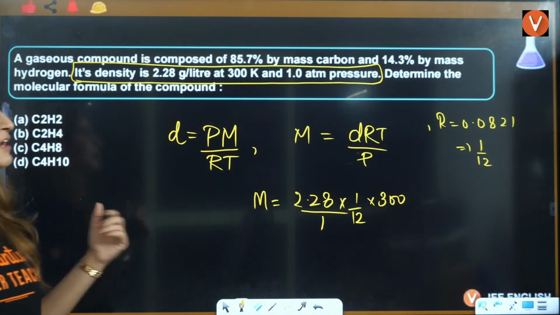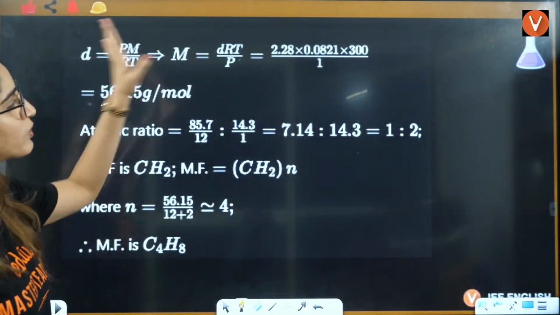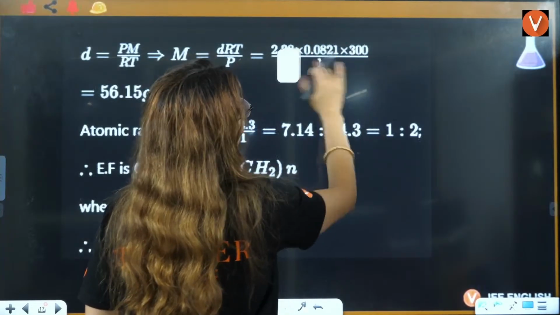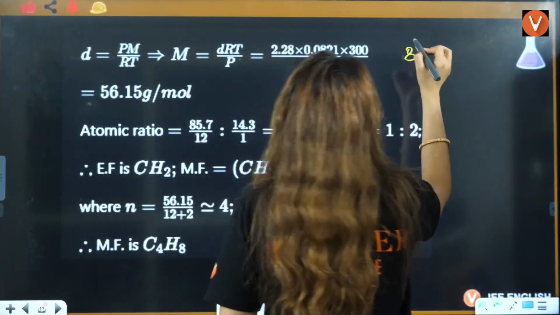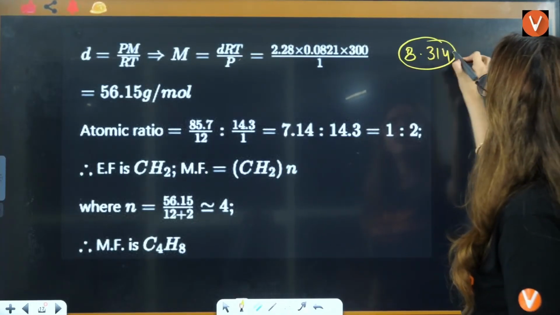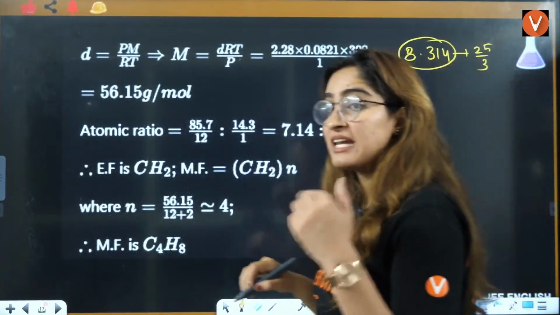How do you decide the R value? You see that this is given in volume and pressure in atmospheres, so I'll put this R value. I told you in the units and conversions chapter that 8.314 is nothing but 25/3, but that is only taken when we are talking about energies.